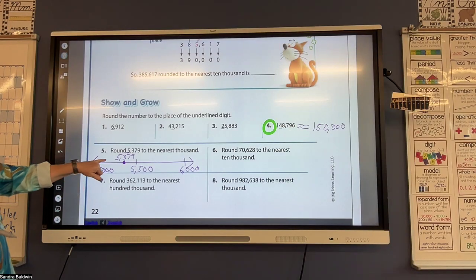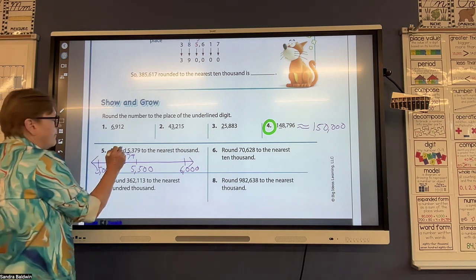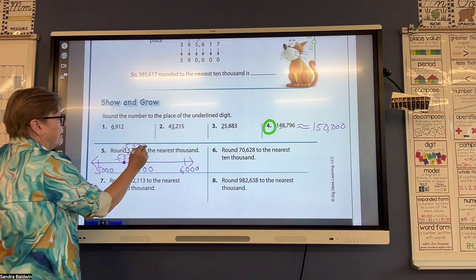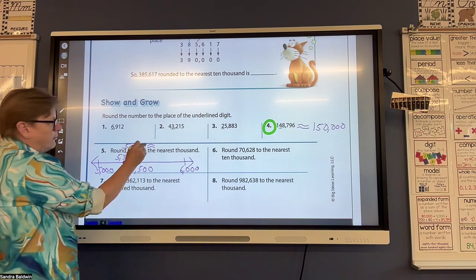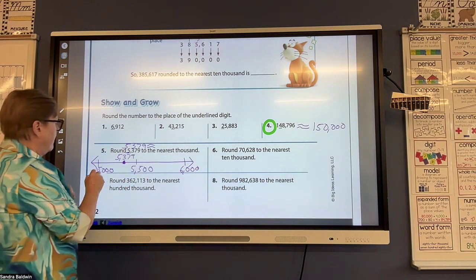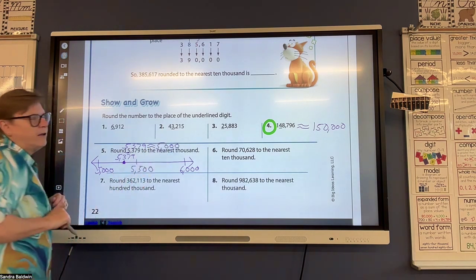So I know that 5,379, and I'm going to write my answer up here. 5,379 is about, my little squiggly lines there, is rounded to or about 5,000. It rounds to 5,000, to the nearest thousand.